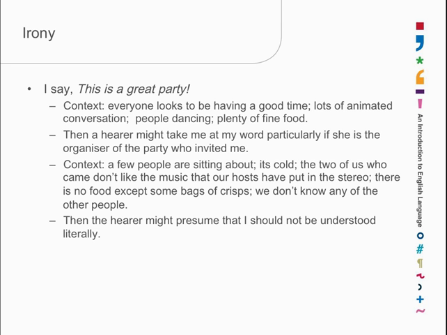Well, then the hearer might presume that I shouldn't be understood literally, and there's a very good reason for that. The context is not particularly congruent with this being a great party. It's congruent with being a pretty darned awful party. So what does the hearer then assume? Well, the hearer assumes I'm being ironic or sarcastic. And of course that reading comes about because of the context, not because of what I've said.